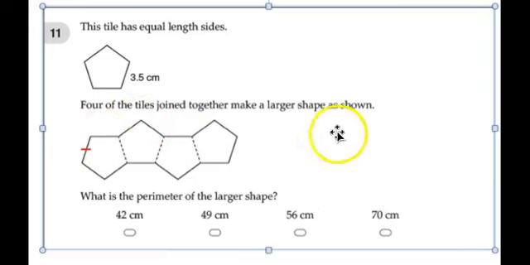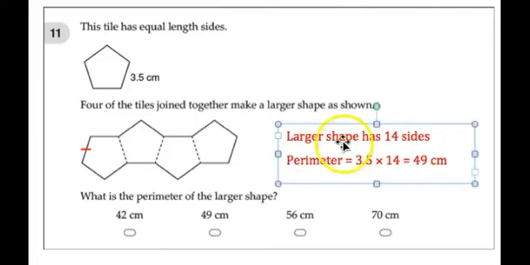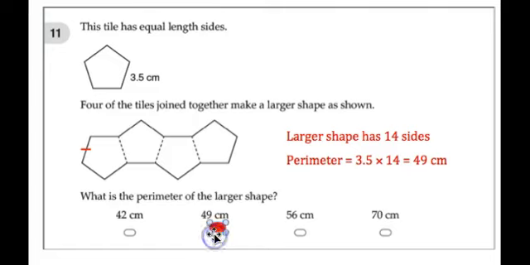So the final shape, the larger shape, has 14 sides, and the length of each of these sides is 3.5 centimeters. So the perimeter will be 3.5 times 14, which is 49 centimeters.